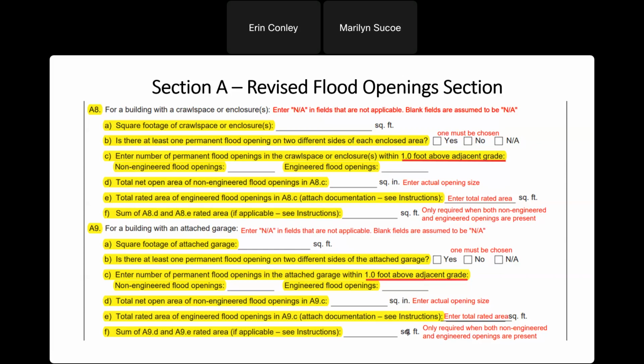And I would prefer that surveyors document how they came up with that calculation. Because if you're looking at pictures and you can see some obstruction in those openings, they need to be transparent in how they calculated the net open area. And Technical Bulletin 1 for flood openings provides you that guidance on how to calculate that net open area.